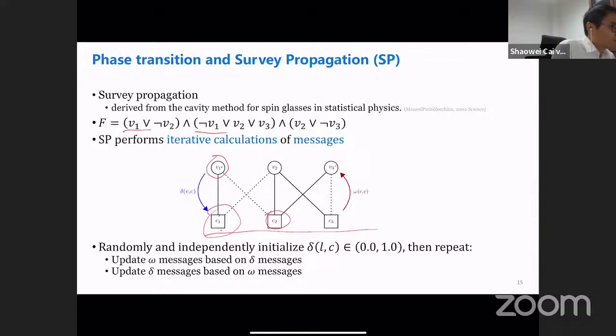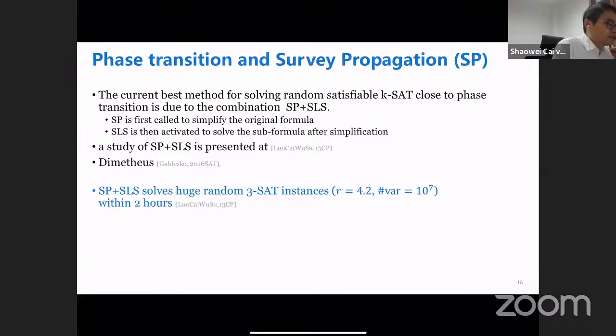But finally, for random Kaiser formulas before the phase transition, it will converge to get the solution. Actually, the current best method for solving random satisfiable K-set close to the phase transition is the combination of survey propagation with local search. Usually, a survey propagation procedure is called to simplify the original formula because it usually fails before 4.2.